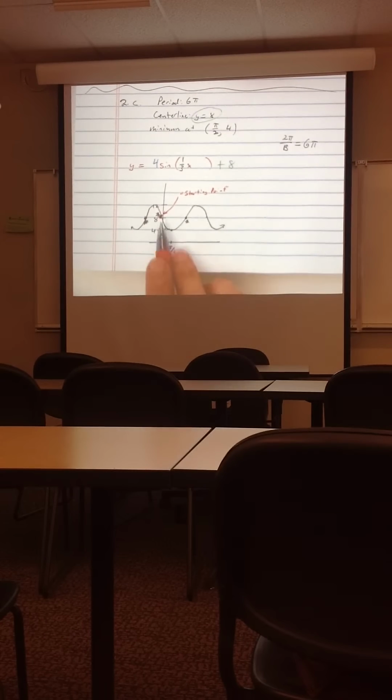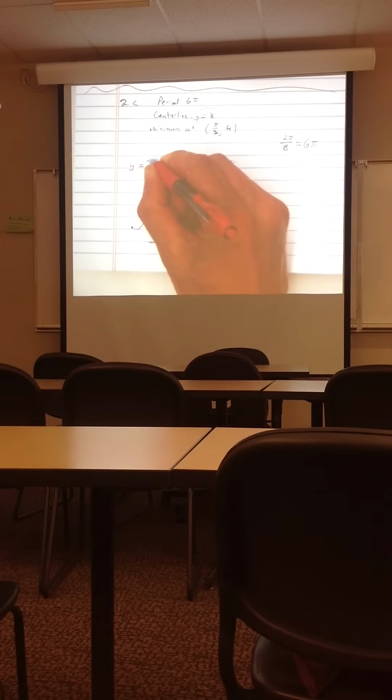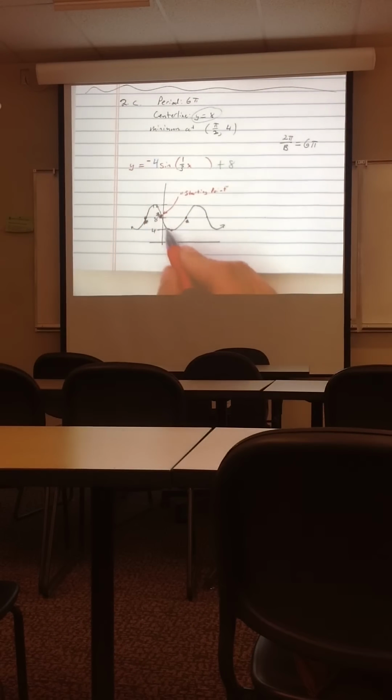All right, now, if we're using that starting point, though, we've got to make it negative because we're going down first. What we need to find out, and my graph might be bad here, this is just a sketch, is the coordinates of that starting point, so we can figure out the phase shift. Unless I did a really bad job graphing, maybe it could be at x value 0, but I have a feeling it's not.